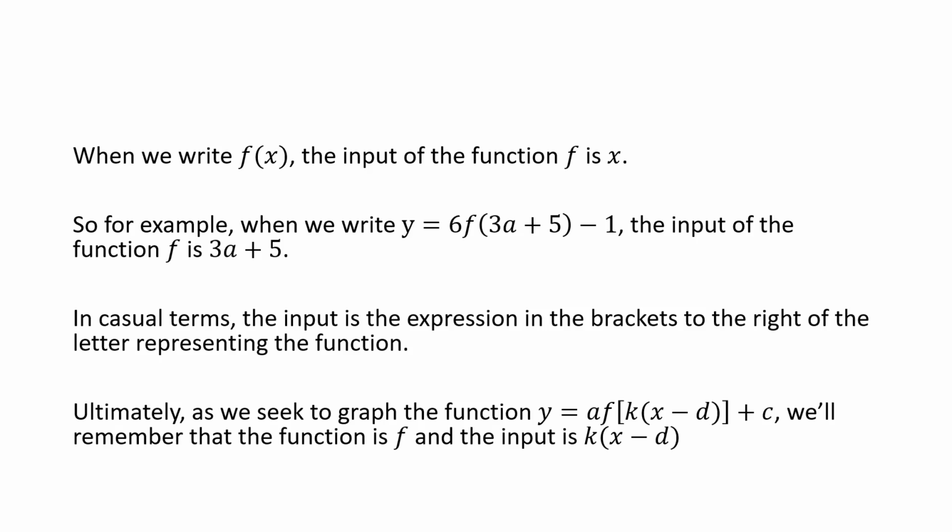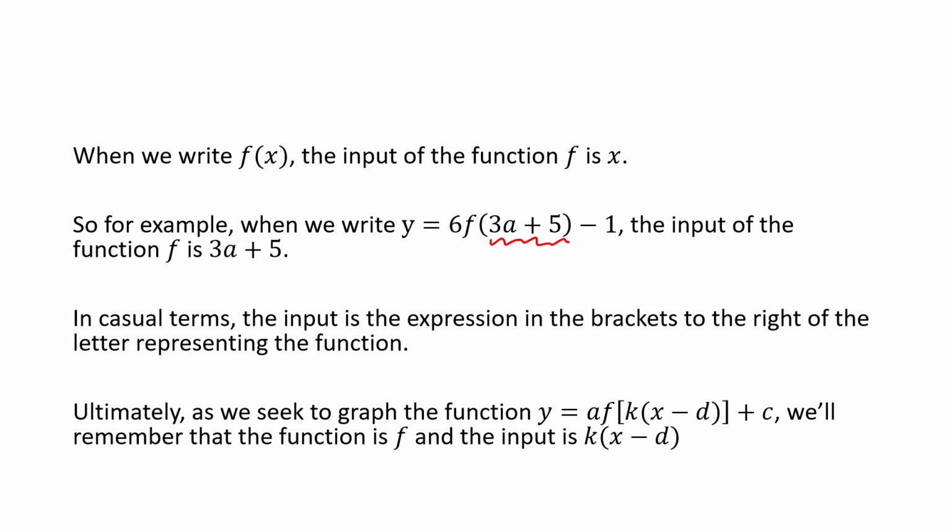Now, when we write f of x, the input of the function f is x. So for example, when we write y equals 6f of (3a plus 5) minus 1, the input of the function is 3a plus 5. It's the part in the bracket next to the f. In casual terms, the input is the expression in the brackets to the right of the letter representing the function.